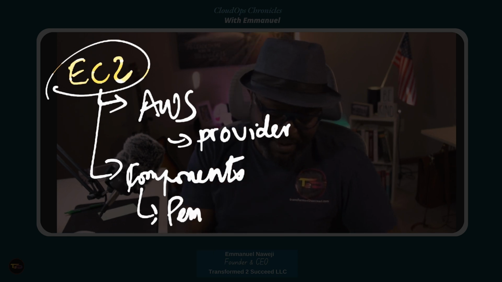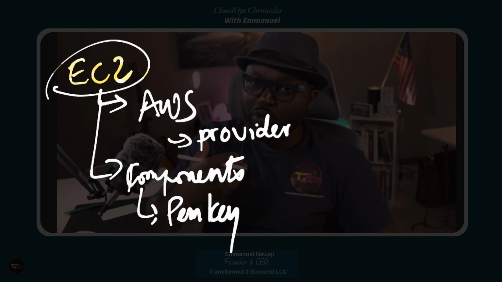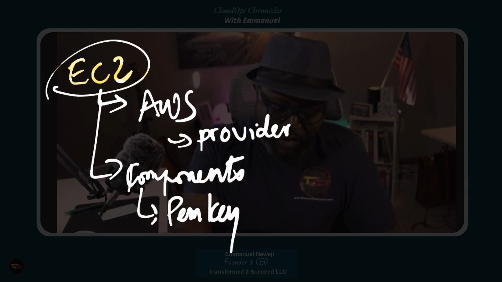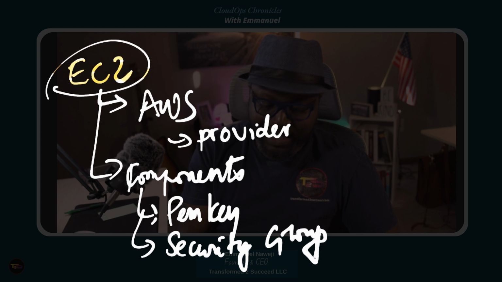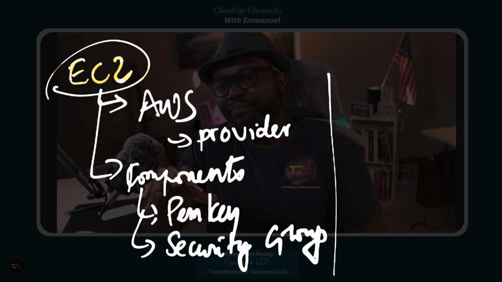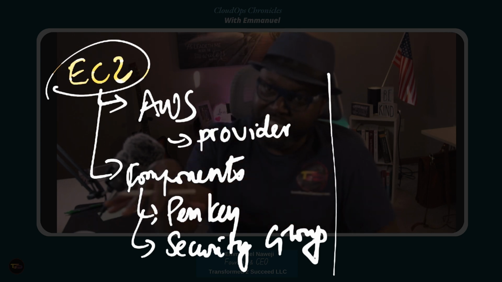So you're going to need a key pair, meaning that you need a public key and a private key, which will allow you to SSH into your system. You're going to need a security group, and the security group is a firewall, which AWS calls a security group at the level of an EC2 instance.